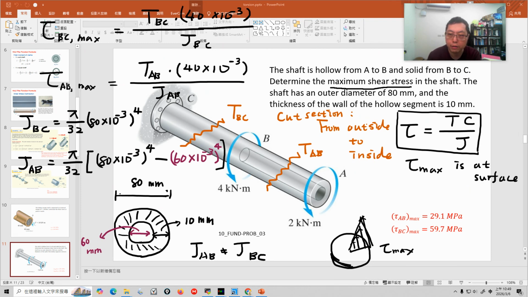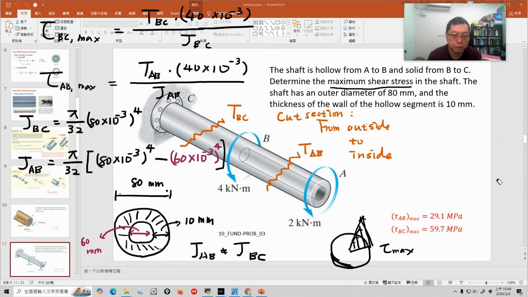Okay, let me erase the part here. That means we analyze from outside to inside.